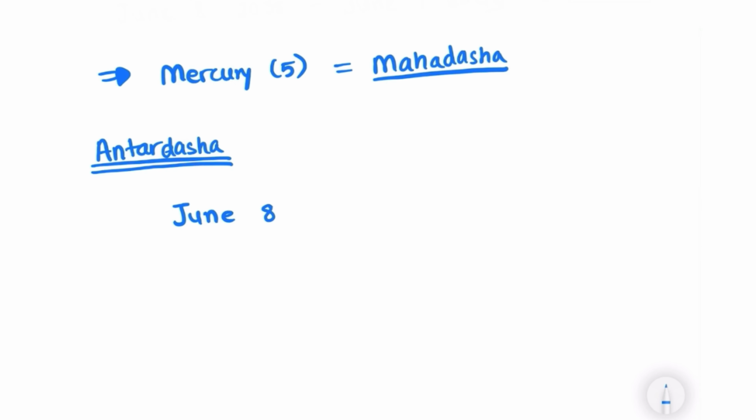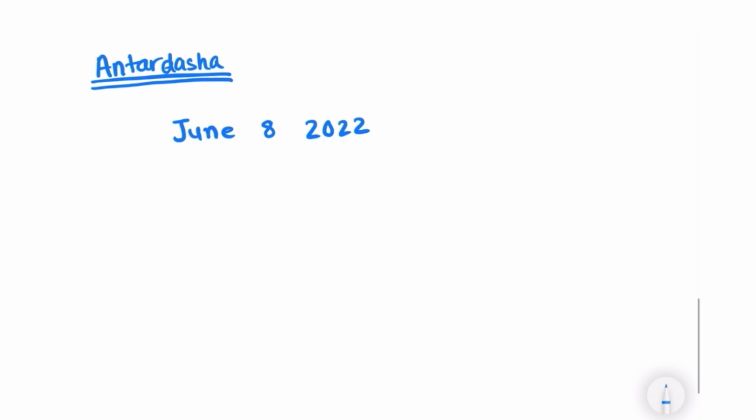And then for the year, what we will do is we will put the current year. So I'm making this video in 2022. So I'm just going to pick 2022 as the year for now. Okay, 2022. So what we will do now is we will also find out that on this person's birthday this year in 2022, what day is it?